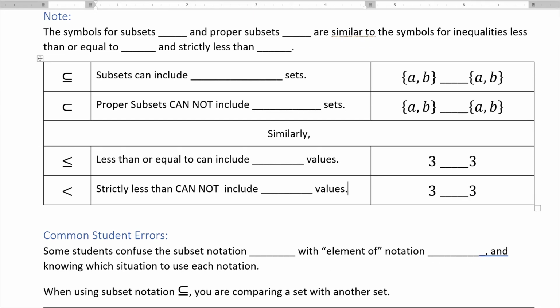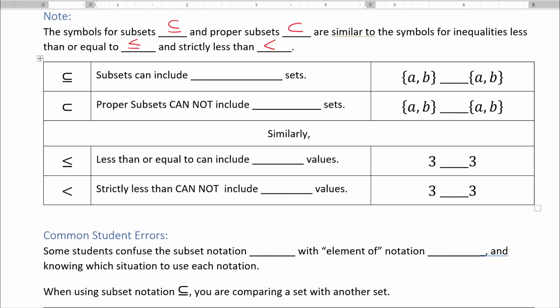So I just want to make a note that the symbols for subset and proper subset are similar to the symbols for inequalities, or less than or equal to. So less than or equal to is like that, with the line underneath, which means it's allowed to be equal to, where strictly less than is like that without a line.